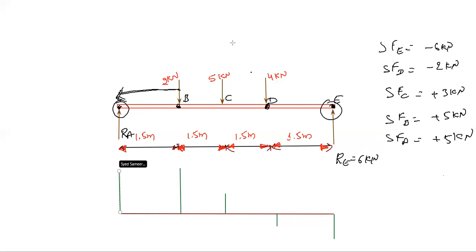Now once it has been done, the next step is we need to add this. Since we have point loads, all the lines are parallel to the beam. So like this it comes.